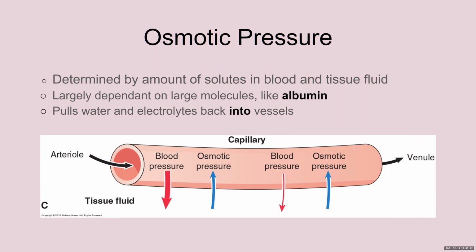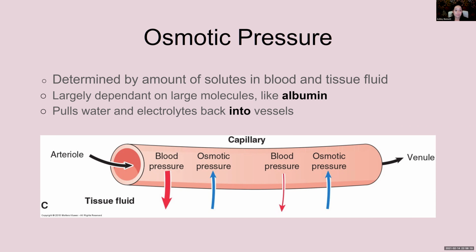So you can think of it almost like osmosis. Because we just pushed a lot of fluid out with the blood pressure at the very beginning of the capillary, relative to that beginning, towards the end of the capillary, it's relatively concentrated in terms of the fluid and solute ratio, right?